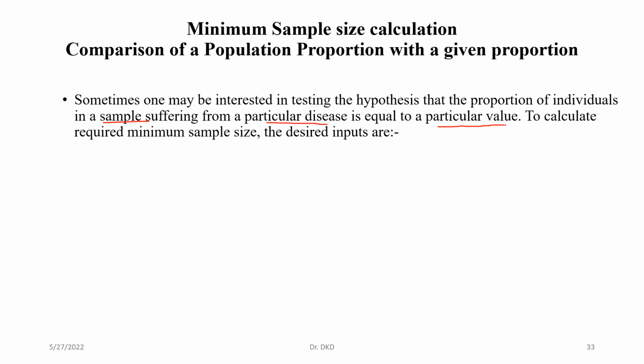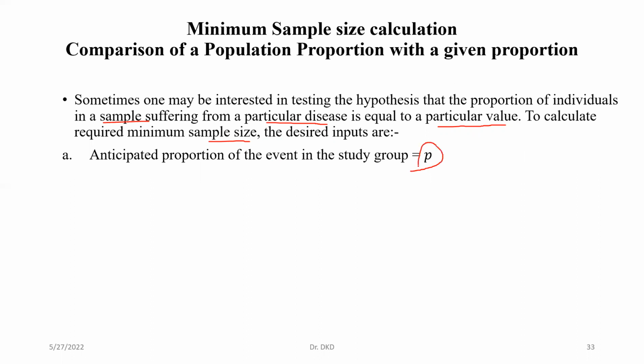To calculate the required minimum sample size, what are the inputs required? The anticipated proportion of the event in the study group is P, and the expected value of the above mentioned proportion, P star, is the noticed proportion of individuals.